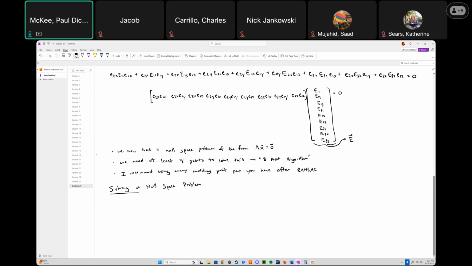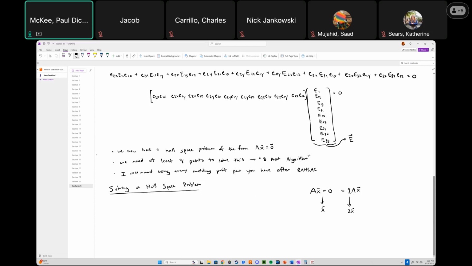There's a fundamental difference between a null space problem and a least squares problem setup of the type AX equals B, because AX equals 0 gives us this ambiguity problem, right? So remember that if AX equals 0, then so does 2AX, right? So your solution could be X, but it could just as easily be 2X, or it could be 3X.